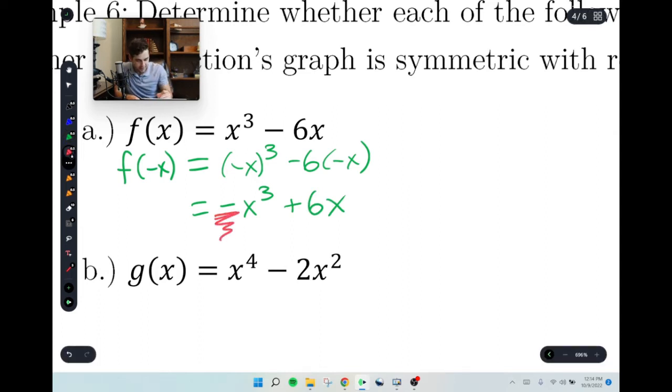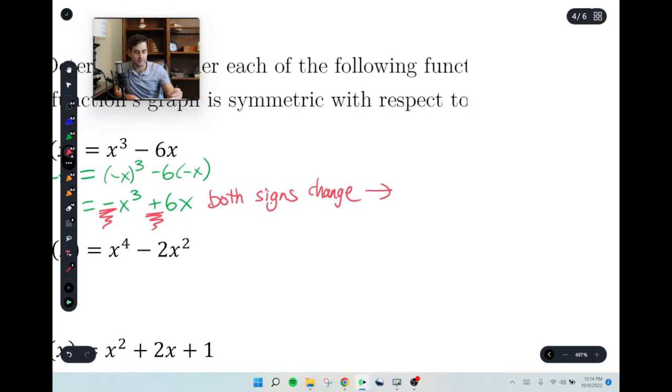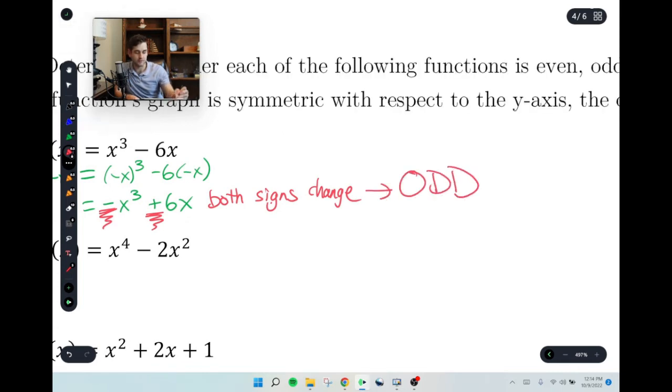Because of that negative sign, because of that positive sign, both signs change. And if both signs change, that means we are looking at an odd function. And we can use that odd function to tell us what kind of symmetry it is. Odd, origin, because both those O's, right? So origin symmetry.